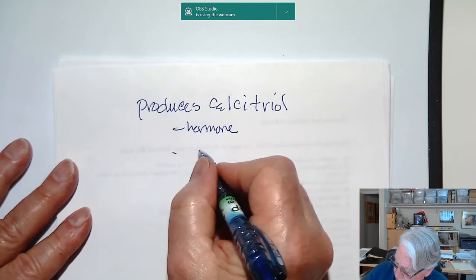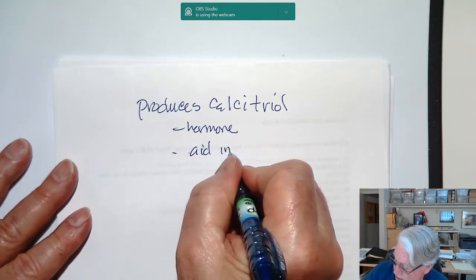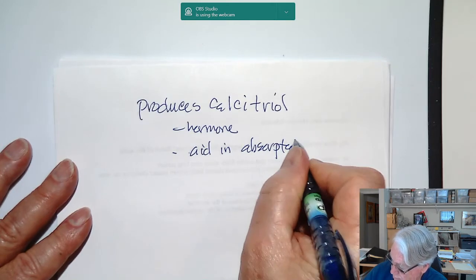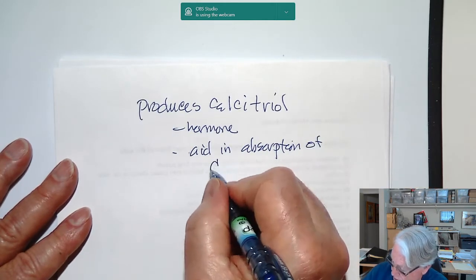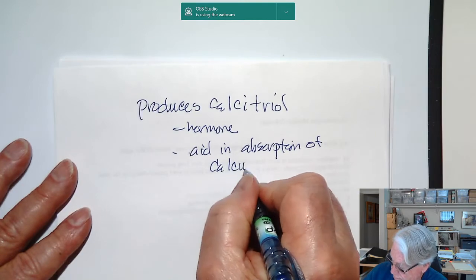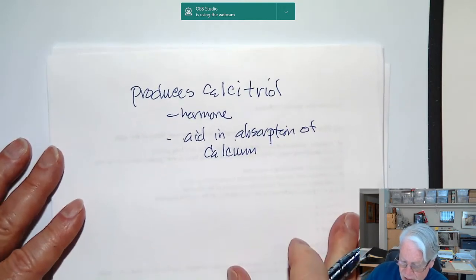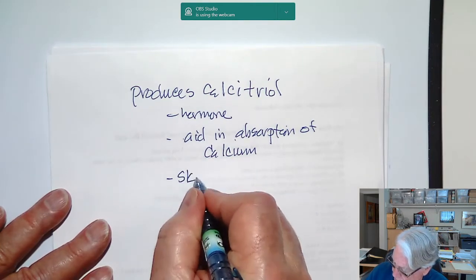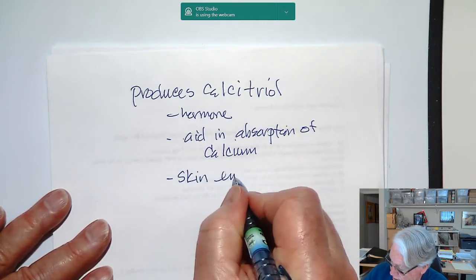This is going to aid in the absorption of calcium in your diet. Okay. So calcitriol is a hormone, and that makes the skin an endocrine gland.